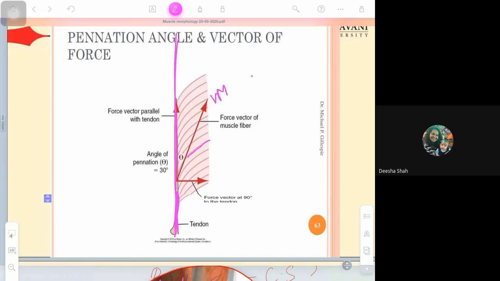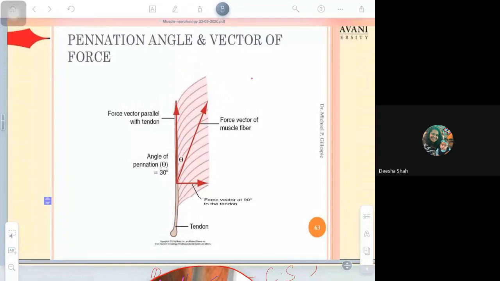The muscle fibers are approaching the tendon at an angle, and it makes an angle. This angle. Different muscles make different angles. Not all muscles have the same pennation angle. Clear?